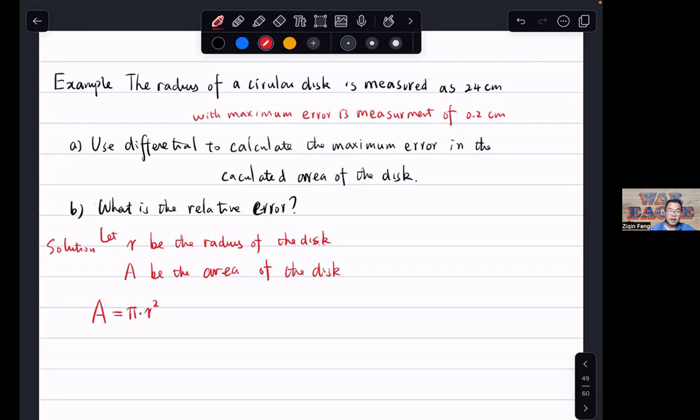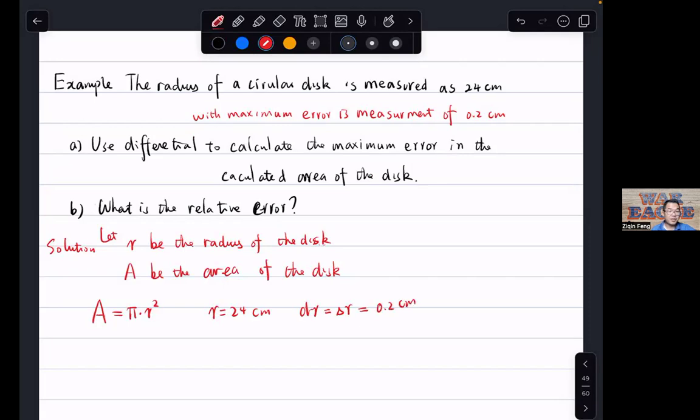Now we know that our value for R is 24. Possible error on the measurement is 0.2, which means you might have a small change of R. So in this case, we are basically calculating when R is 24 centimeter, dr, the small change, or you can call that delta R, equal to 0.2 centimeter.